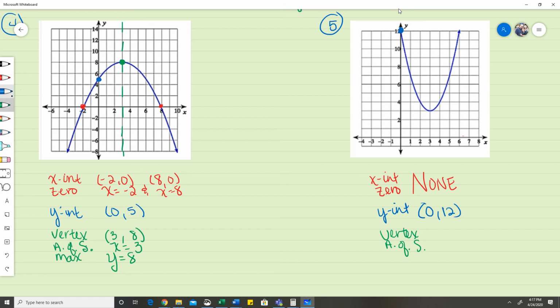We still have a vertex because it does change direction right here at 3, 3. So our axis of symmetry goes through x equals 3 because that's my x value, and this is a minimum where y equals 3 because, again, that's the minimum value. Okay.